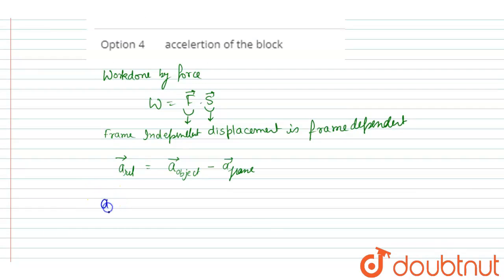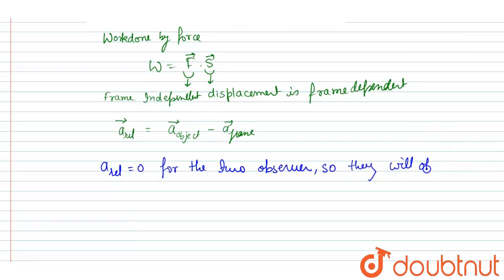So in the question a relative is 0 for the two observers, so the two will observe the same acceleration.